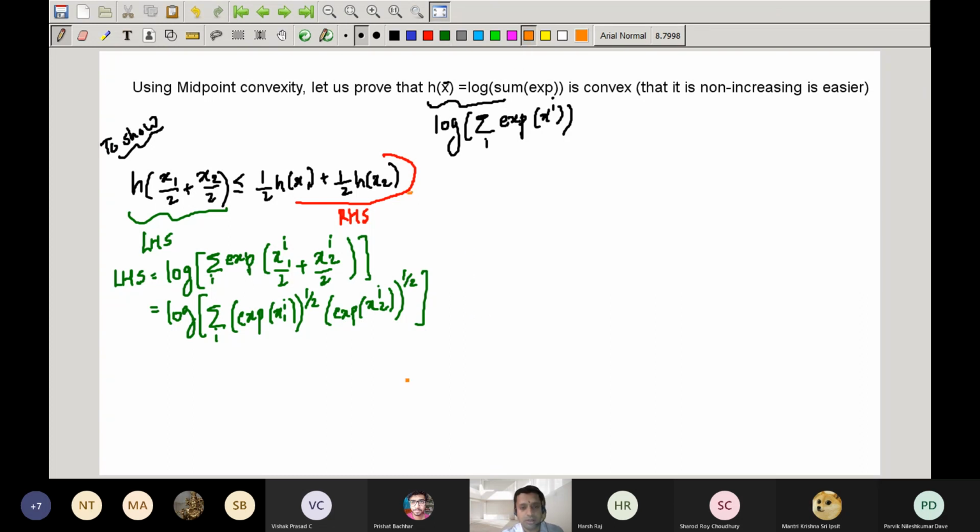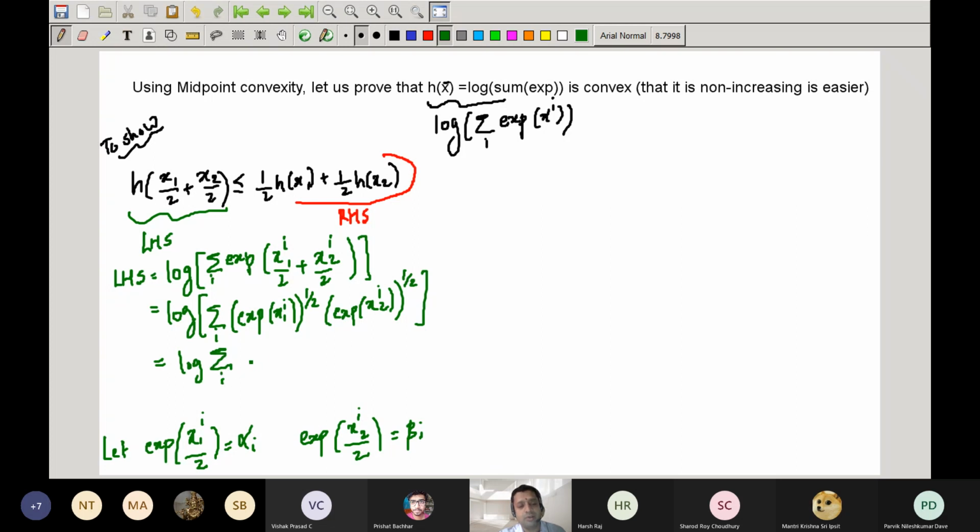So let exp of x1 i by 2 be basically alpha i, and exp of x2 i by 2 I give the name beta i. With that, what will this be? It'll be nothing but log of summation over i of alpha i beta i, whether you call it exp of x1 i by 2 or exp of x1 i raised to half, the same thing basically.